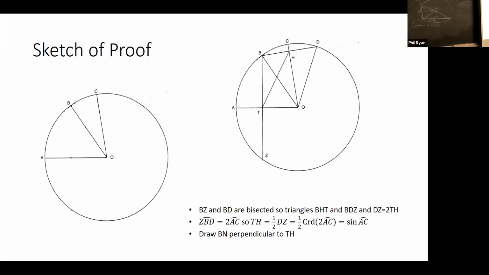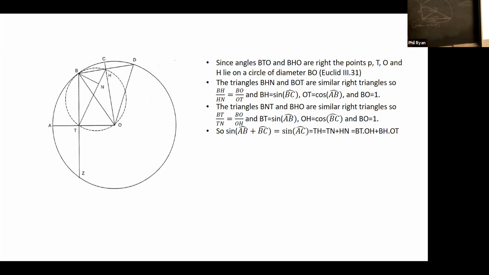And so then we draw a perpendicular to TH to go to B. And we end up with this guy here. Since we've got right triangles here, that means B, H, O, and T can be put into a circle where BO is going to be the diameter, since we've got little right triangles there.